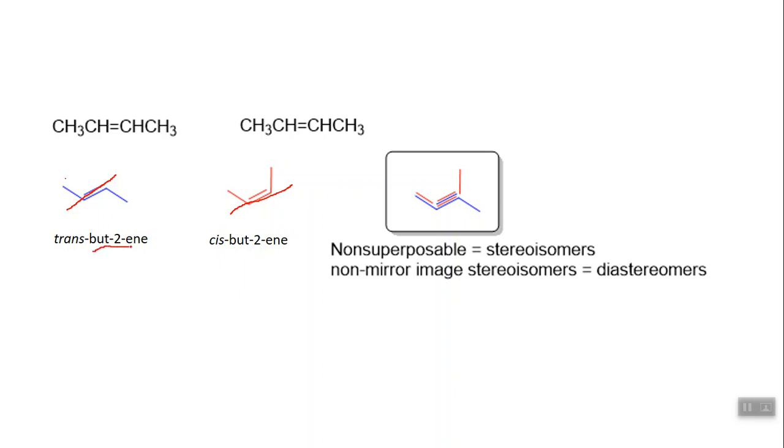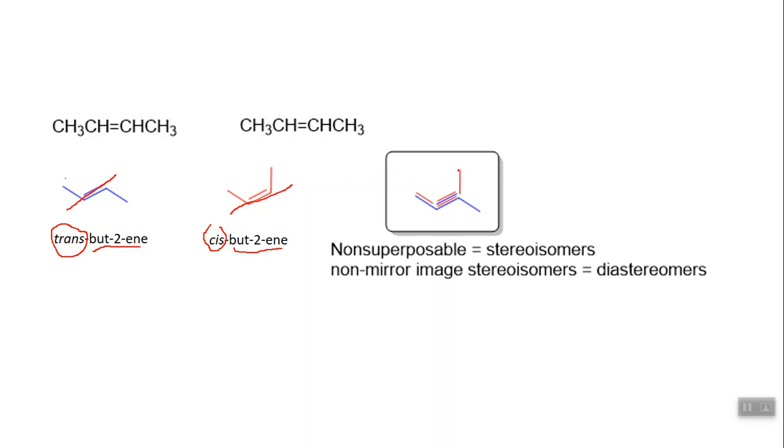Do note that the rest of the name, but-2-ene, is the same. The only thing that's different is that stereoisomer adjective in the front. Note that these two molecules are non-superposable. In other words, if you try to put one on top of the other, they don't align perfectly.